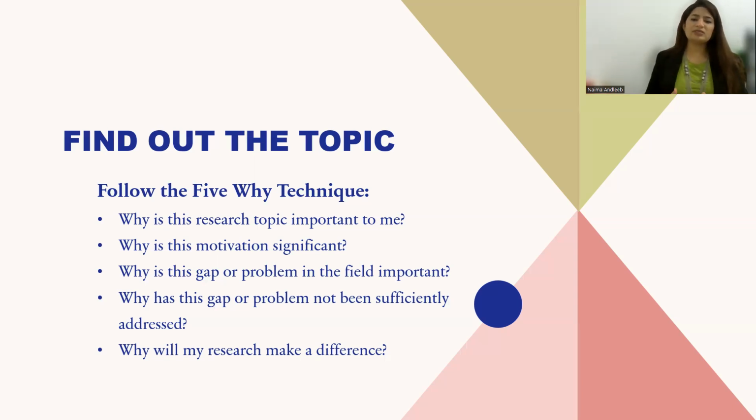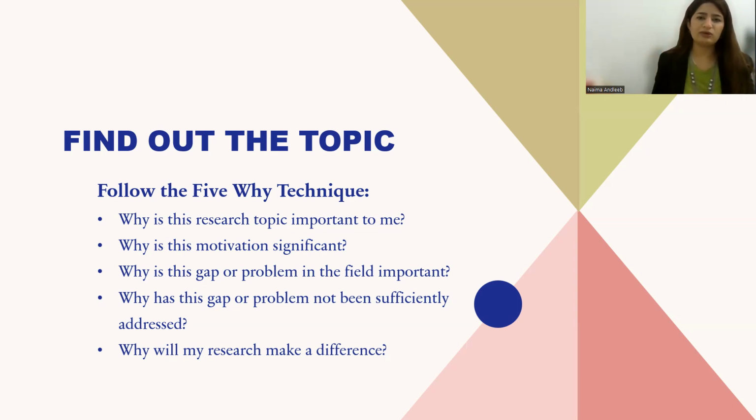So whatever you are going to do, you need to identify why this thing is important for you and for the field, and while working on it, make your mind broader and think broader.